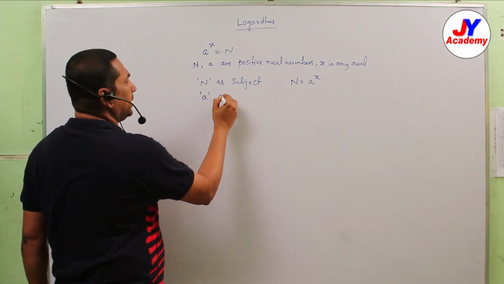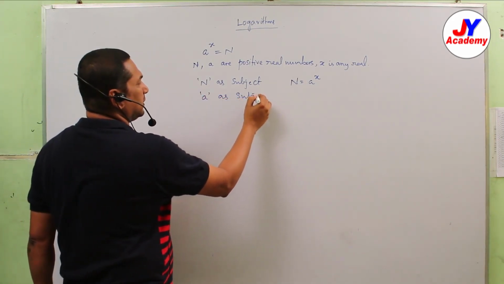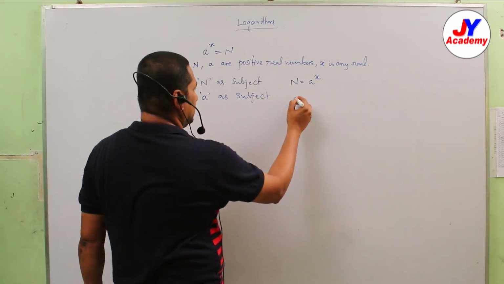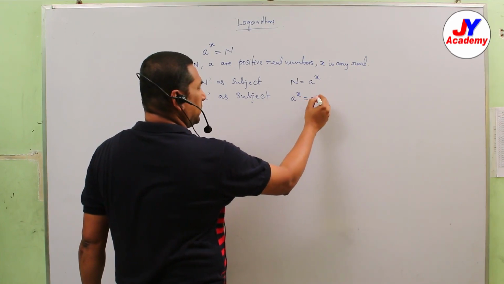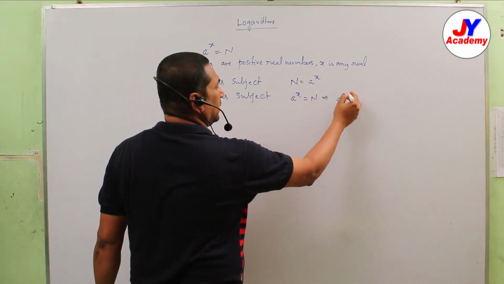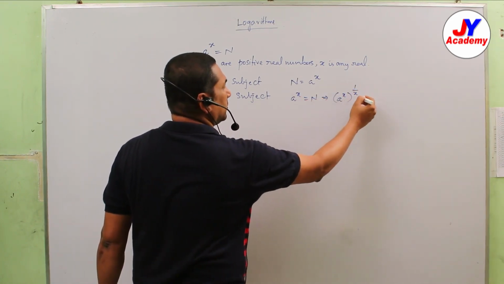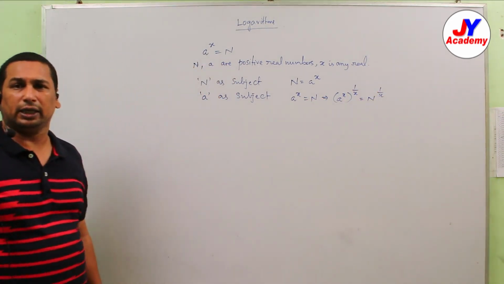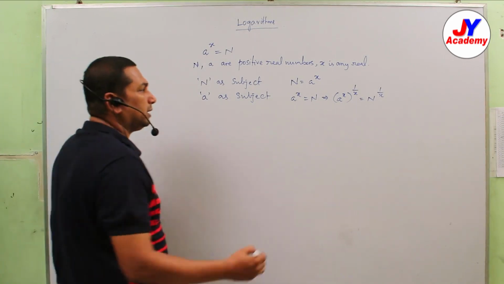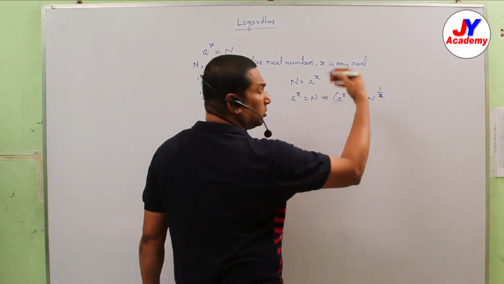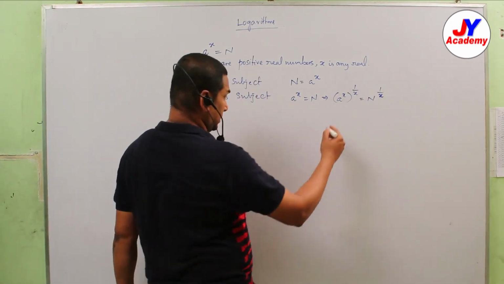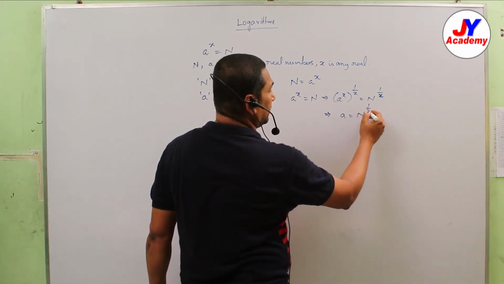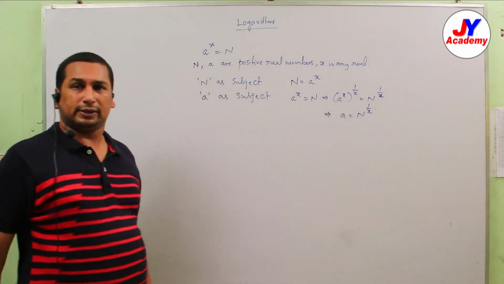Suppose if you want to make a as subject: a power x is equal to n, then a power x whole to the power of 1 by x is equal to n to the power of 1 by x, means by taking whole power 1 by x in both LHS and RHS. Then a is equal to n power 1 by x.